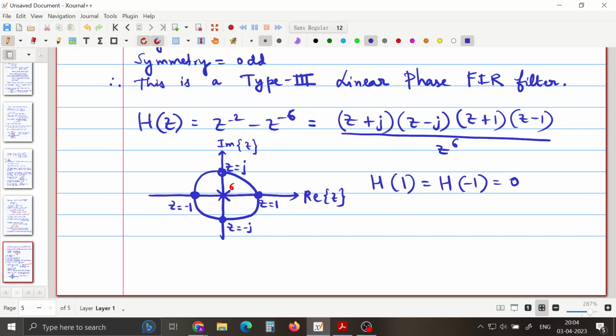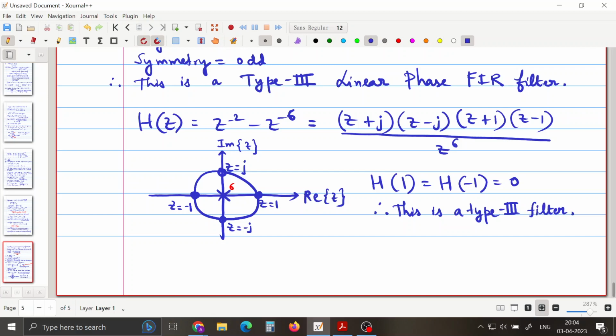And clearly from this pole zero plot, you have zeros at z equals plus 1 and minus 1, which is only true for the type 3 filter. So therefore this is a type 3 filter.